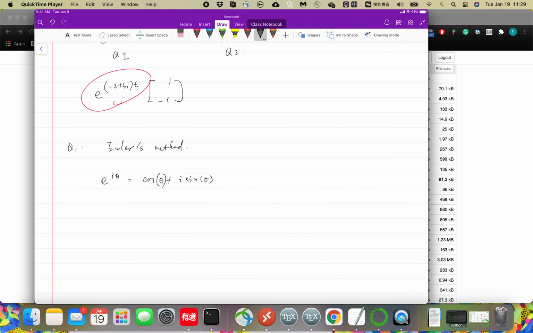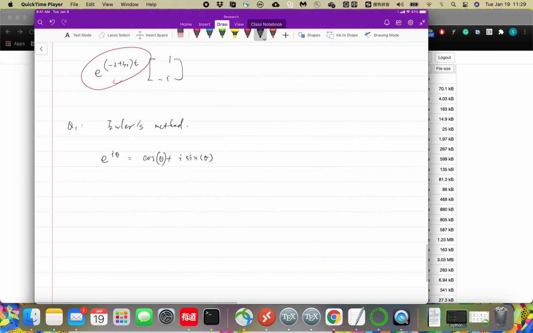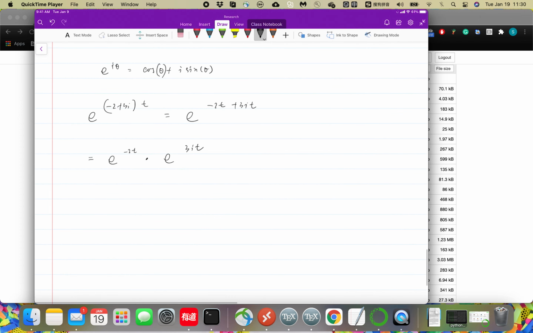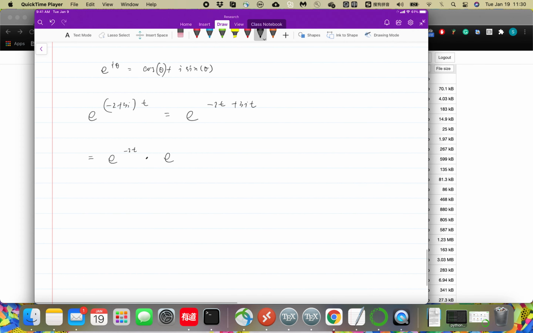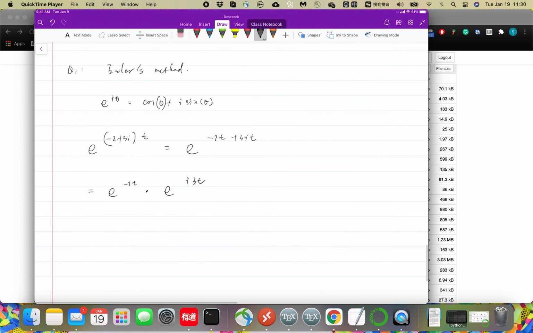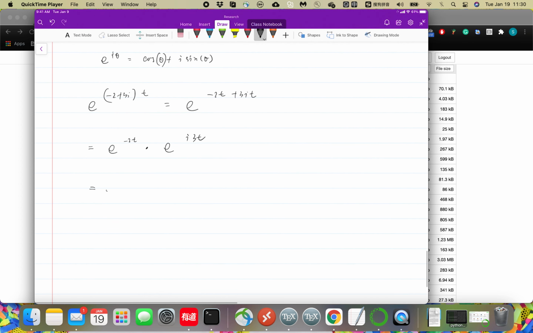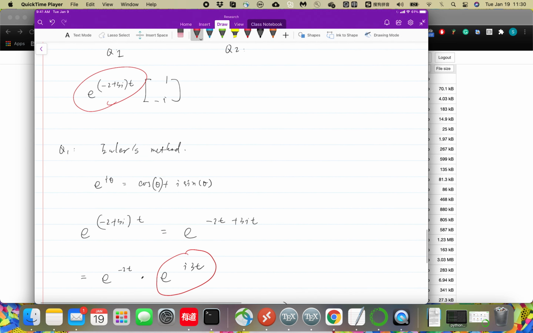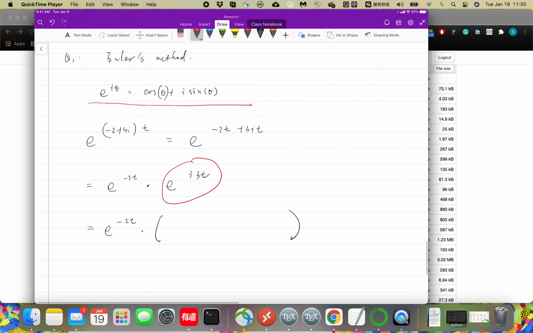Therefore, when you see a complex number in the power of e, what you can do is, number 1, you have this, and then you can split it into the real part and the imaginary part. Then, by the property of e, you can do this one times e to the 3it, or let's change it to be i 3t, just rewrite everything. Then you can realize for the real part, there's no problem, that's just a number. For the complex part, with only an i, no real part, we apply this formula. That is exactly e to the i theta, with our theta equals 3t.